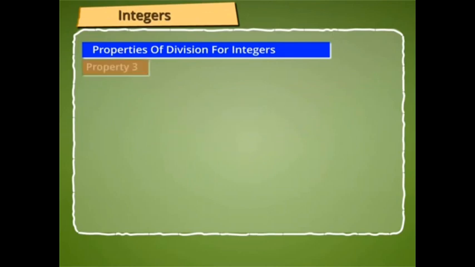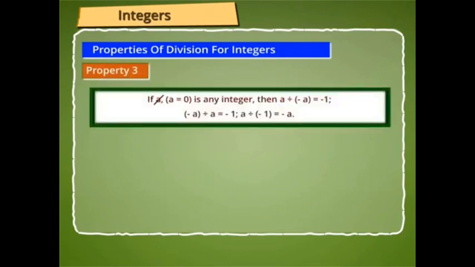Property 3. If a ≠ 0 is any integer, then a ÷ −a = −1, −a ÷ a = −1, and a ÷ −1 = −a.